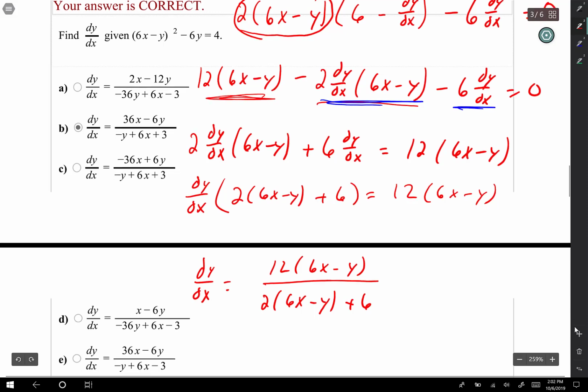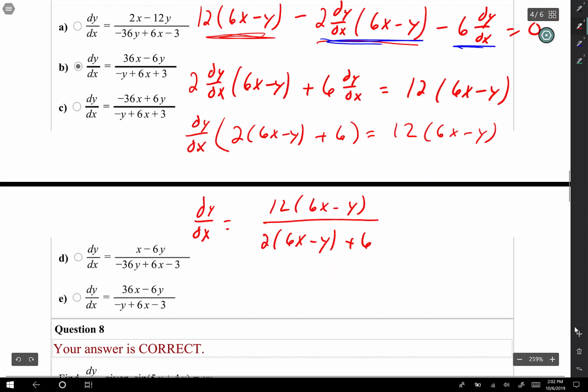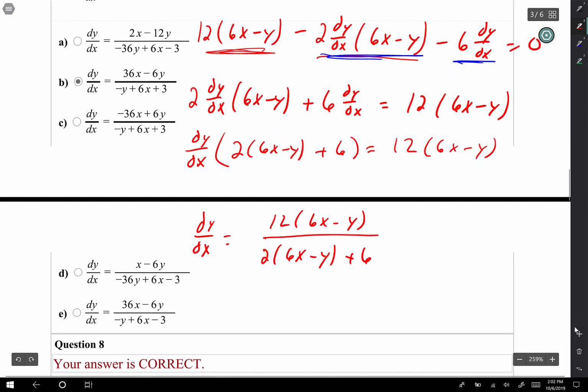And at first glance, you're like, Chavez, that isn't in there. Yeah, it is. You just got to reduce it. So notice what I have in blue: 12, 2, and 6. Those three are all even numbers, so I can factor out a 2 from all of them. Then I have 6(6x minus y) on top, and on the bottom I'm going to have 6x minus y plus 3.